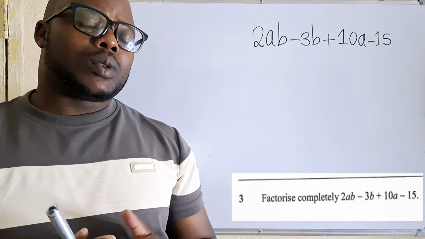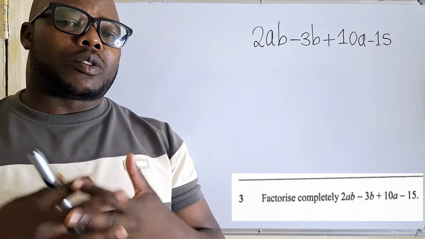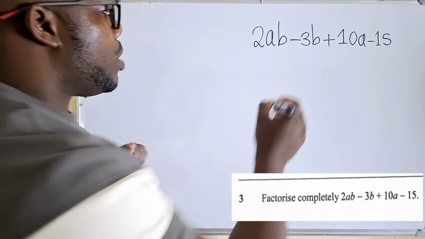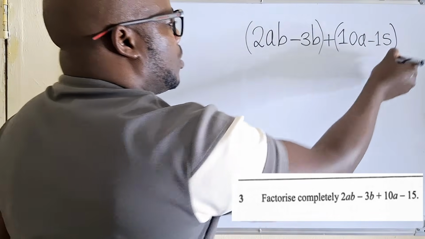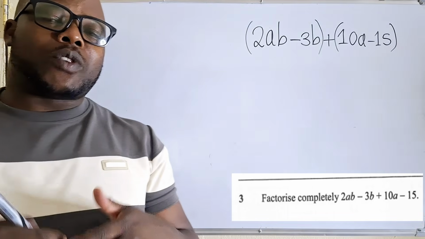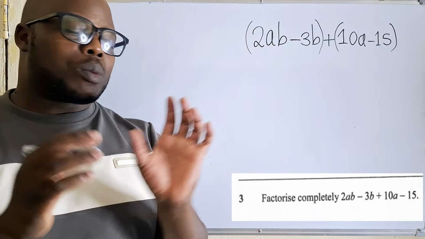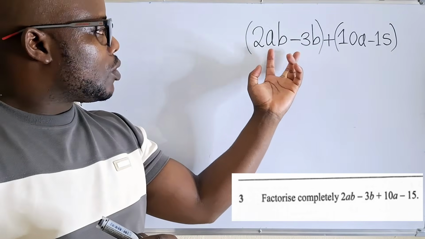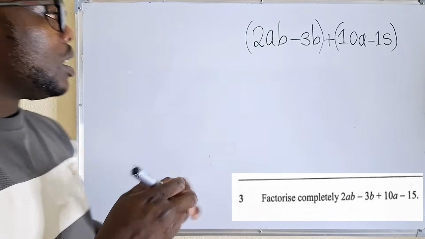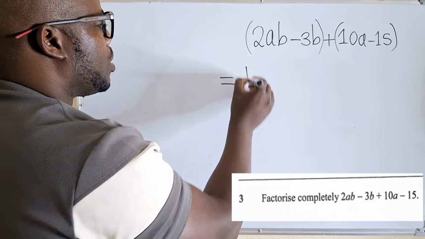All right, so this question will be factorized by grouping. So the first thing that we're going to do will be to group. So after grouping, we factor out the common factor from each group. So there's this group and this group. So what is a common factor here? It's a b. So we're going to say equal to b.